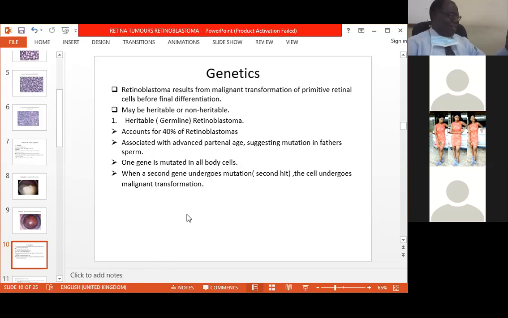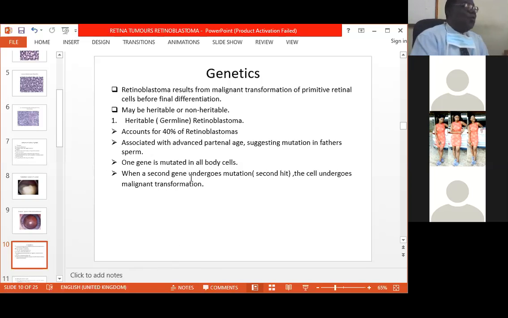The germ from the father, from the sperm, undergoes this malignant transformation, and the child gets the tumor. Not the father. It has been inherited from the father because of malignant transformation of the sperm from the father. But the tumor occurs in the child.